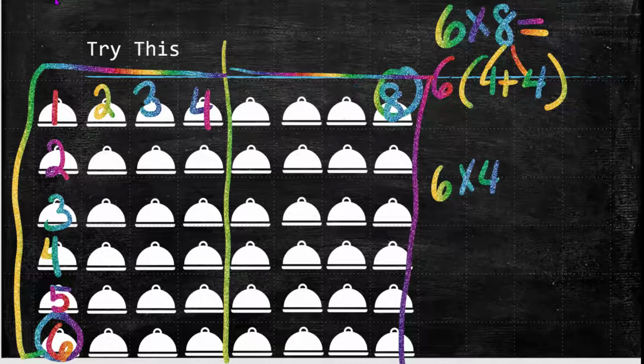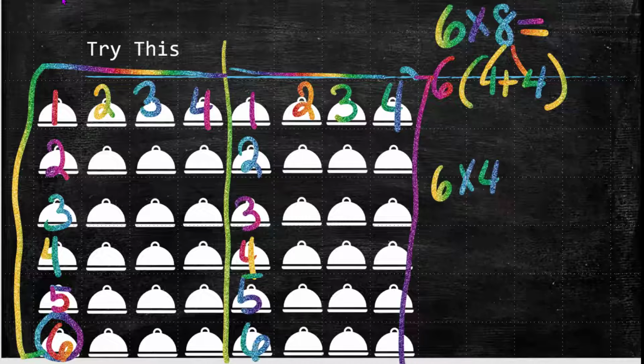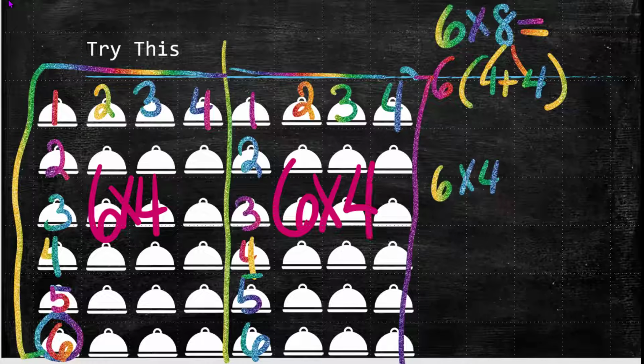Why? Even though I know I have the 5, 6, 7, 8 here, we really are working with 1, 2, 3, 4. 4 in each row, or 4 columns, and 1, 2, 3, 4, 5, 6 rows. So on both sides of the equation, we're working with 6 times 4.